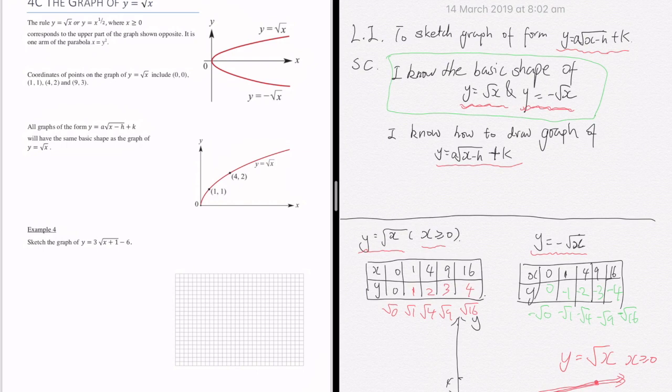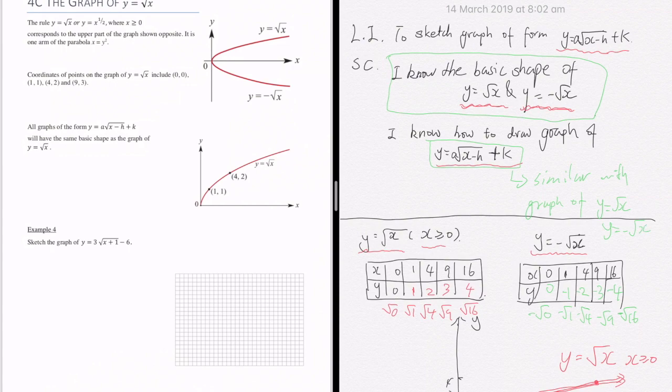How to draw the graph of y equal to a times square root of x minus h, plus k. This will be all similar to the graph of y equal to square root x or y equal to negative square root x.